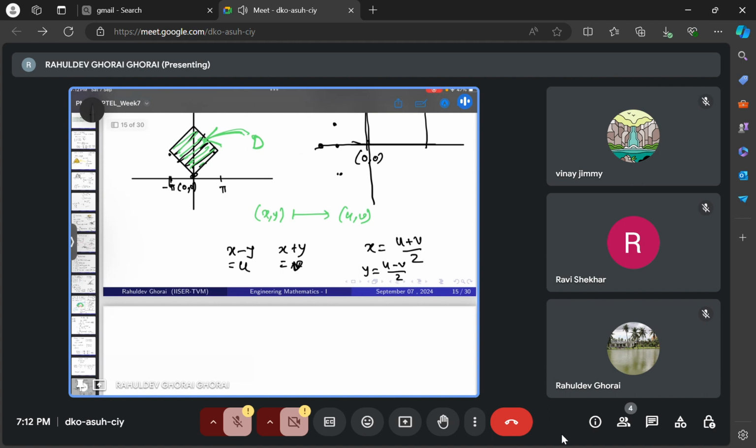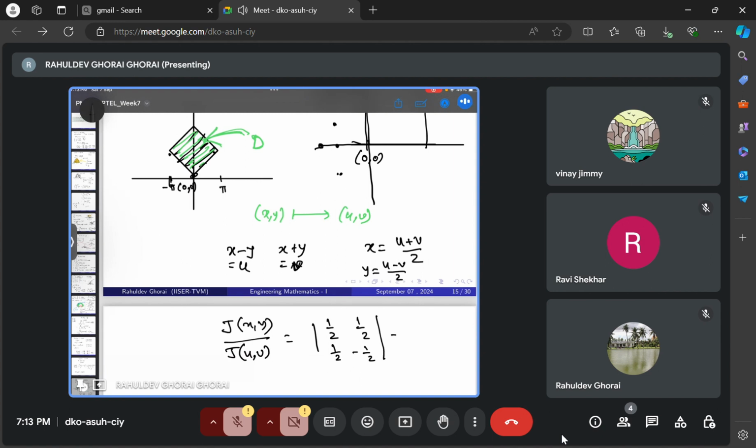So the Jacobian for this, if you find the Jacobian of x, y with respect to u, v: del x by del u will be half, and del x by del v will be again half. Del y by del u will be half, and del y by del v will be minus half.